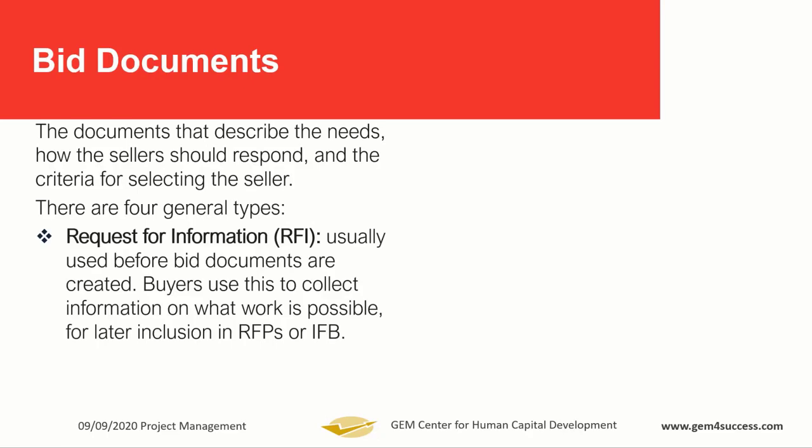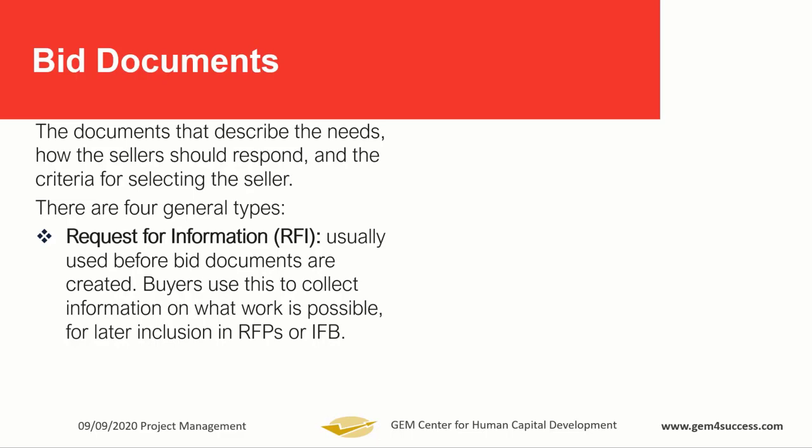RFI, request for information. Usually, depending on the kind of project, sometimes you have a buyer trying to bring in sellers for something that even the buyer doesn't have a very good understanding about.